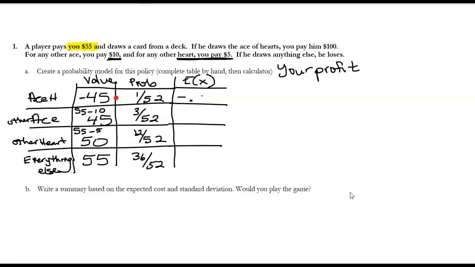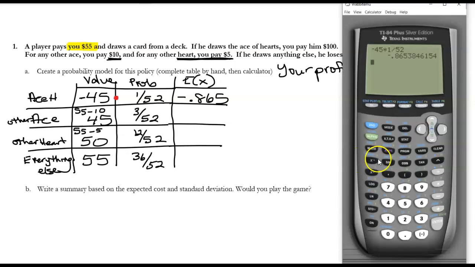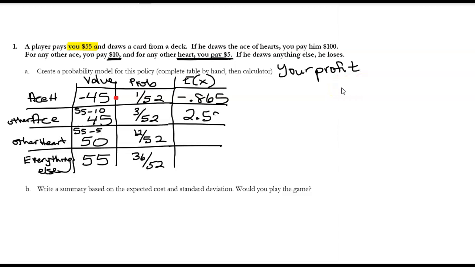Now I do the next one: 45 times 3 divided by 52 is 2.596. Okay, now we're going to do the next one.